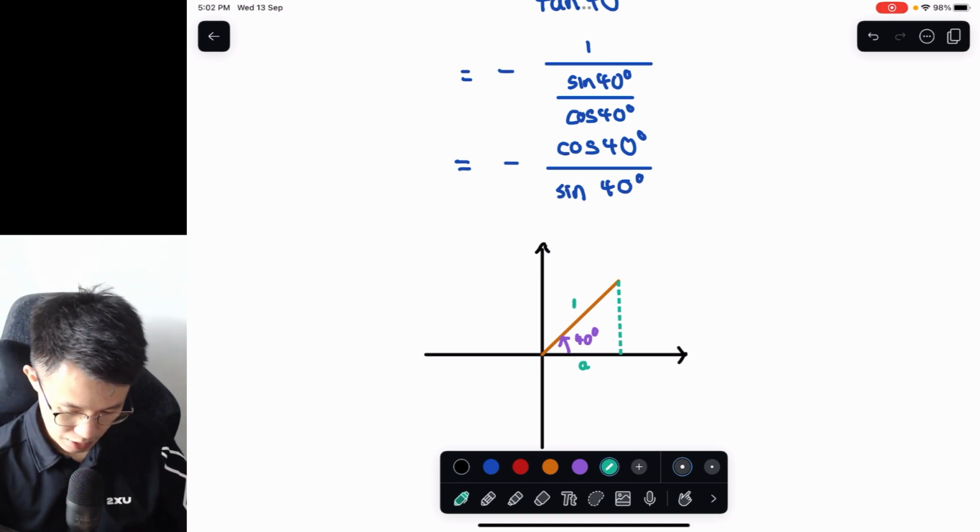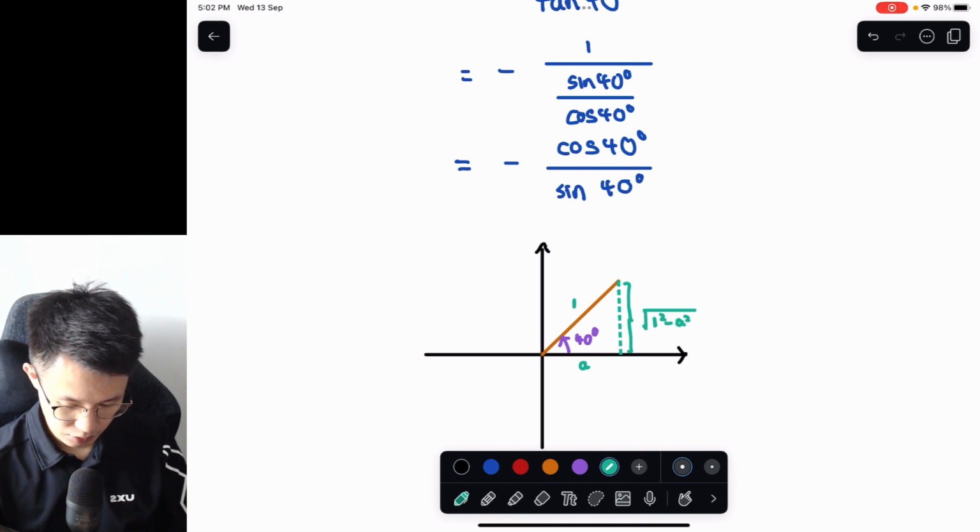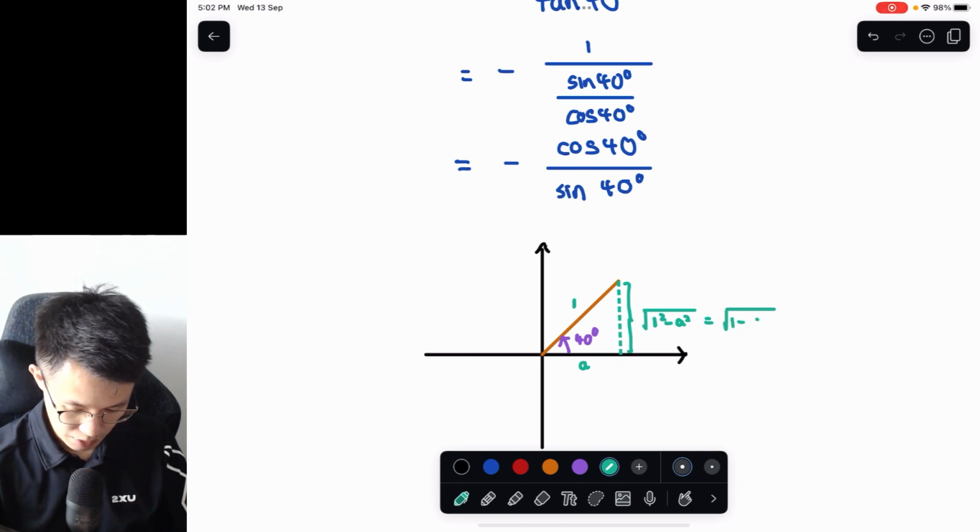In this sense we can figure out the opposite side, which is simply the square root of 1 squared minus A squared, which is just the square root of 1 minus A squared.